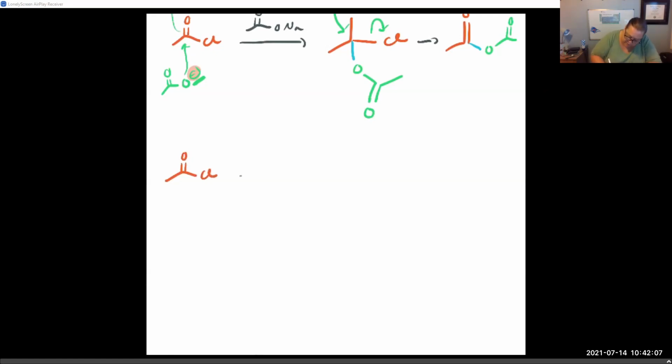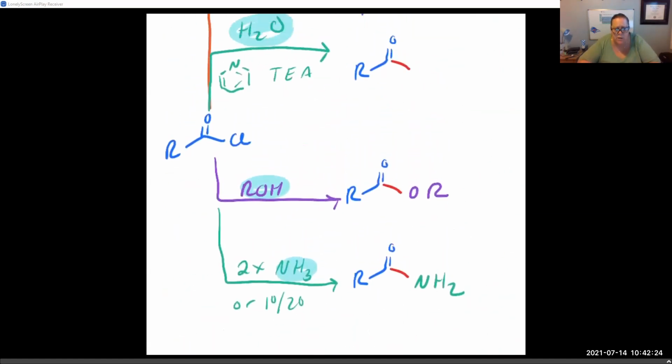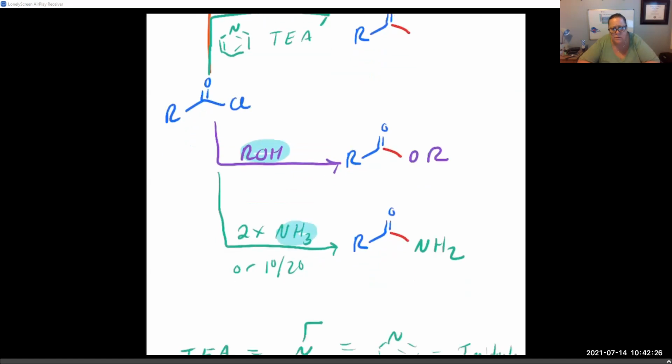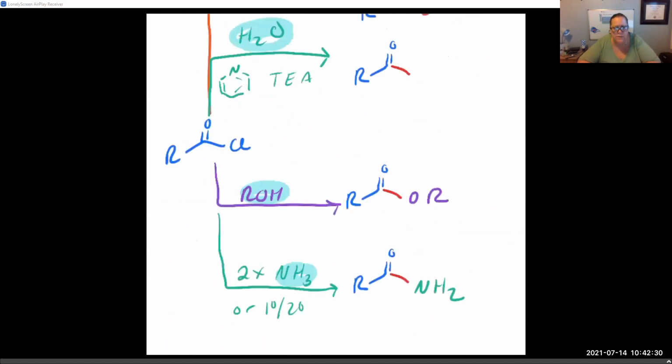with 2 times diethylamine, okay? So remember, when we're using amines, we need to use what? 2 equivalents. What are we going to see? Oops, you know what I forgot to do?